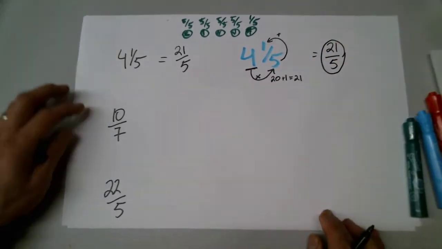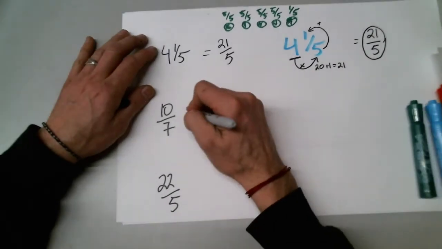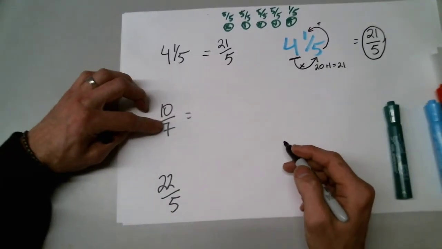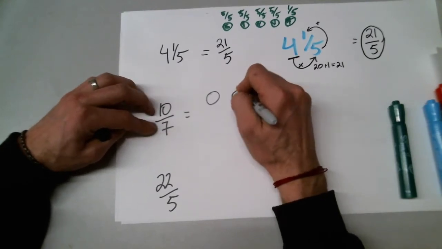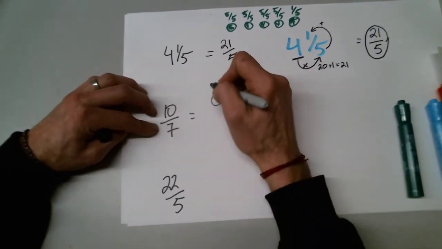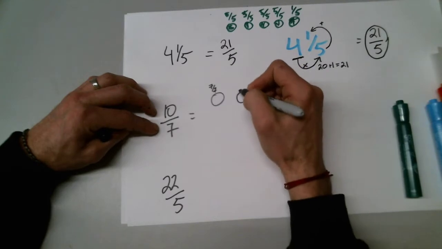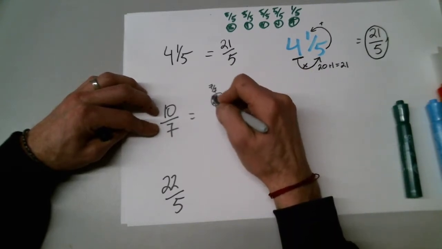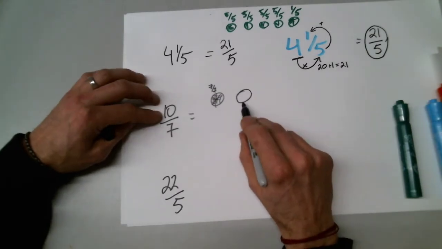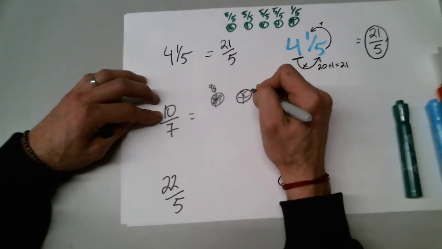All right, now let's do the process in reverse. I've got sevenths. Well, if I had 2 wholes, it would be 14, correct? So if I have 7 sevenths here, how many would be left over? So that's 7 sevenths, but I have 10 sevenths in total.